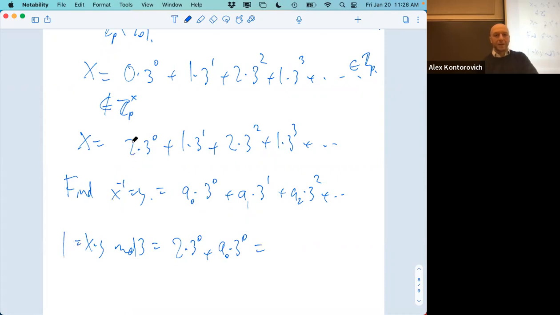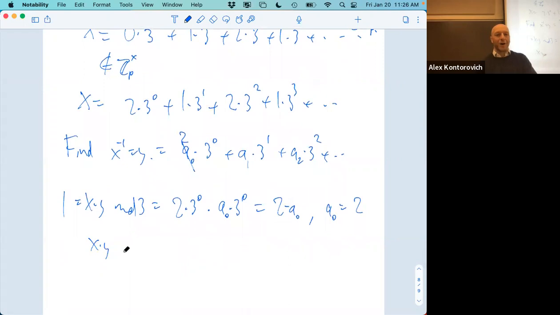I'm multiplying as opposed to adding. So if I look mod 3, it's just this, multiplied by the mod 3 of that. 3 to the 0 is 1, of course, and I wanted that to be 1 mod 3. So that's just twice a0, so a0 had better be 2. Okay, so now I know that this number is 2. Now I look mod 9. X times y mod 9 is still supposed to be 1. In other words, the next digit has to be 0.